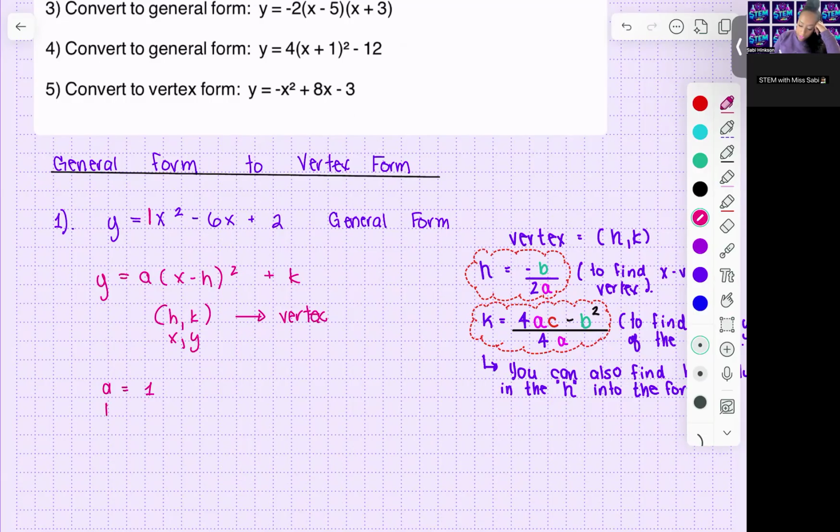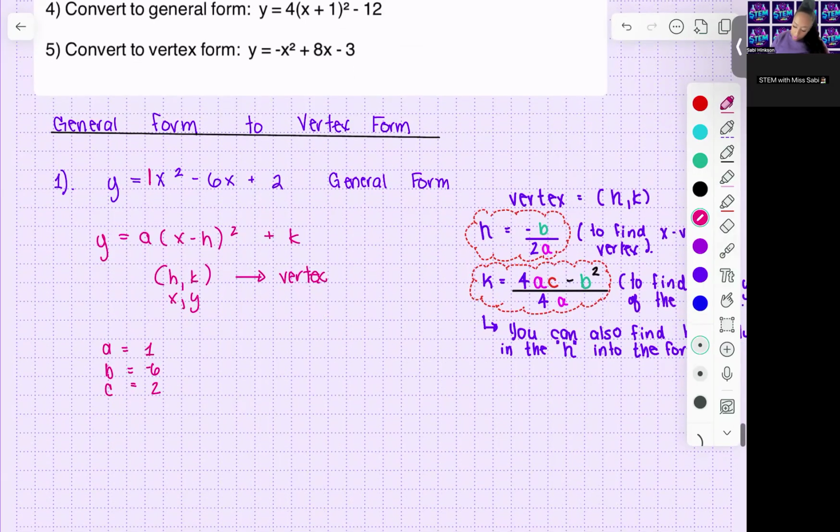My B is equal to -6. This is the A, this is the B, and this is the C. So I'm going to extract all that information, and the C is equal to 2.